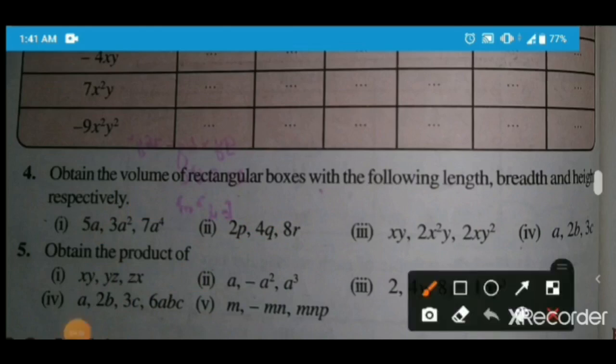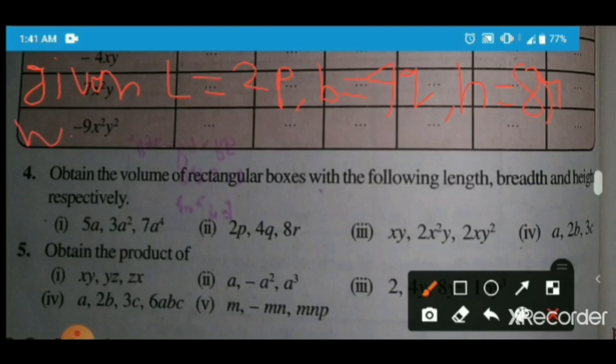So we can write here, it is given L equal to 2p, B equal to 4q and H equal to 8r. So these are the length, breadth and height of a rectangular box whose volume we are going to calculate.